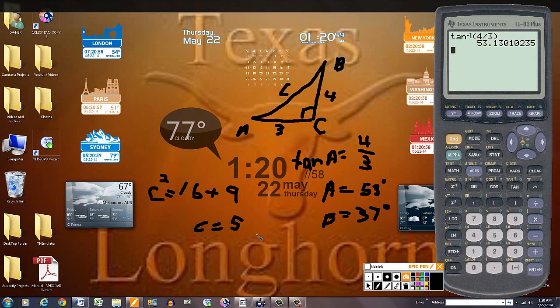This is only going to work if this angle right here is 90 degrees. If this angle here is, say, 80 degrees, then you can't say that the tangent of A is going to be this over this. That only applies if it's a right triangle. Okay, so if you're dealing with oblique triangles, this is not going to work. So that's what we have to use, the law of sines or the law of cosines. So let me clear this.